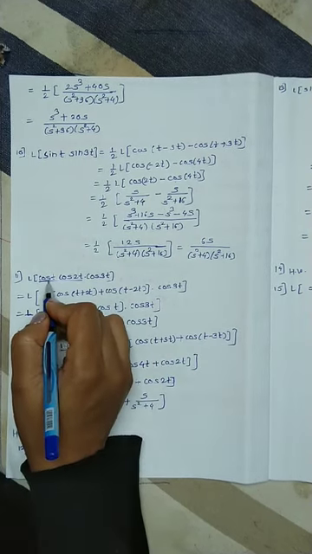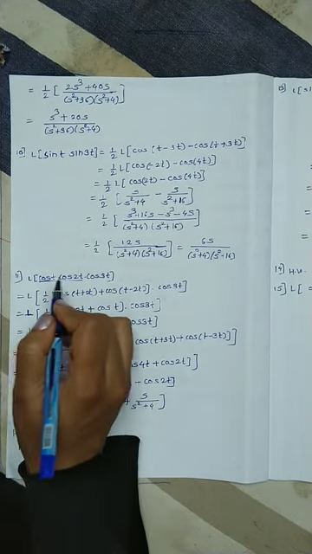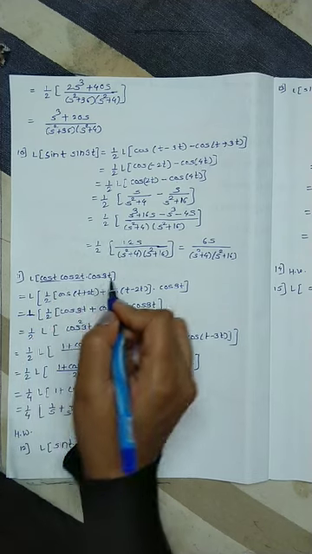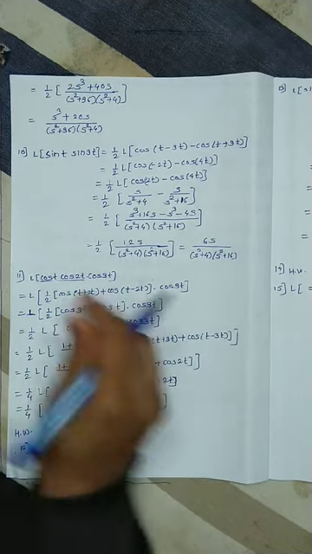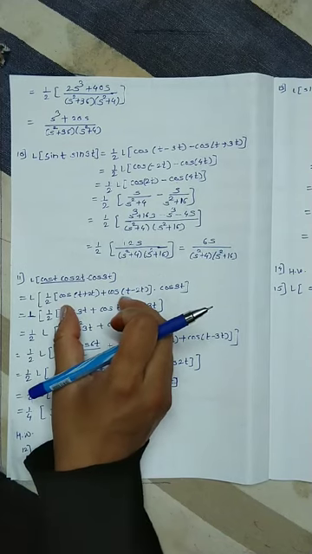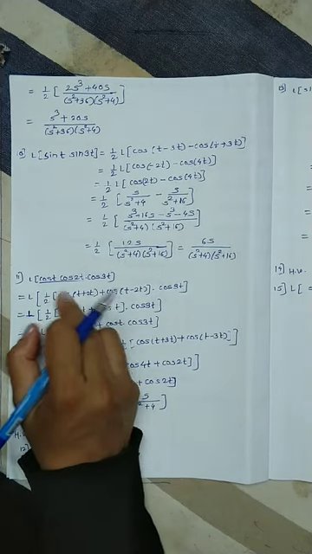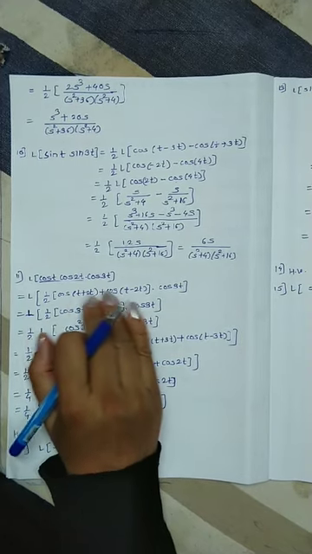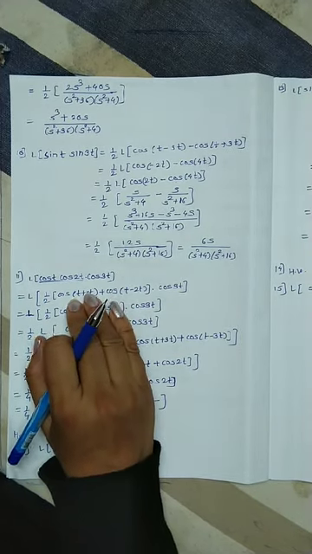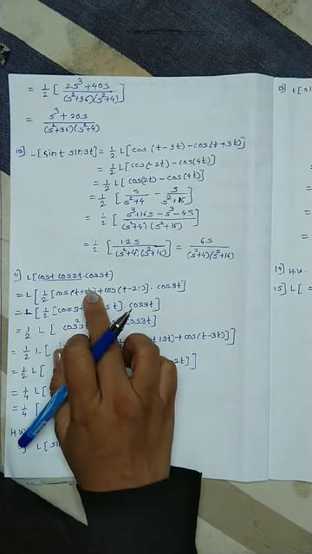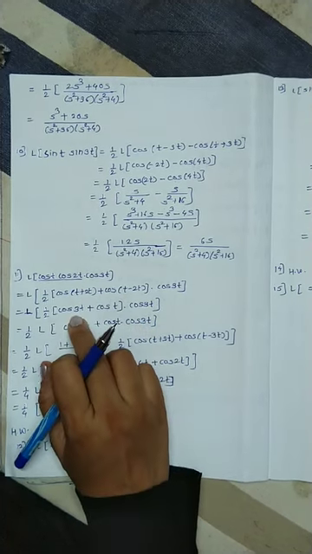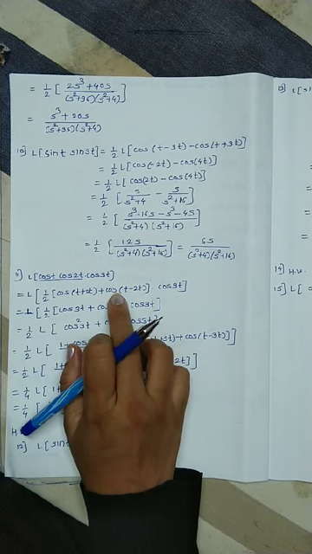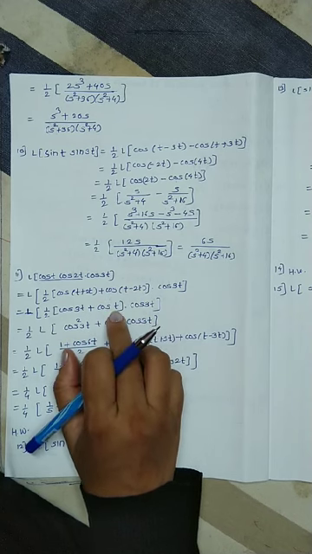Here take the lowest angle first, for convenience, cos t cos 2t first, and keep cos 3t as it is, and apply the cos cos formula here. That is half of cos a plus b plus cos a minus b for these two only, because all are in multiplication. Now solve this: t plus 2t is 3t, the rest of the term as it is, and t minus 2t is minus t, and for cos, minus doesn't matter, cos t.